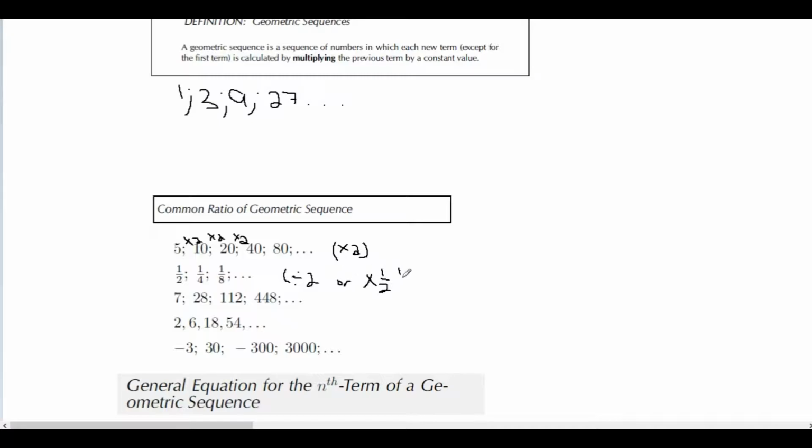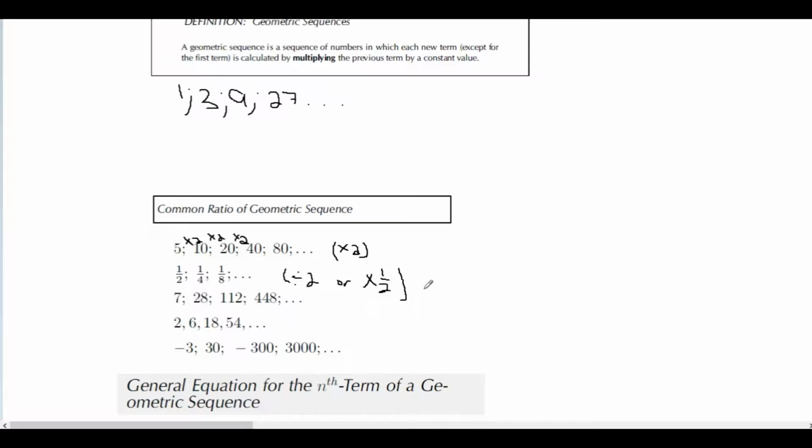That's how we get from a half to 1 over 4 to 1 over 8, and we can continue doing this throughout. You just find your common ratio. The easiest way is to take your second term and divide it by your first term.